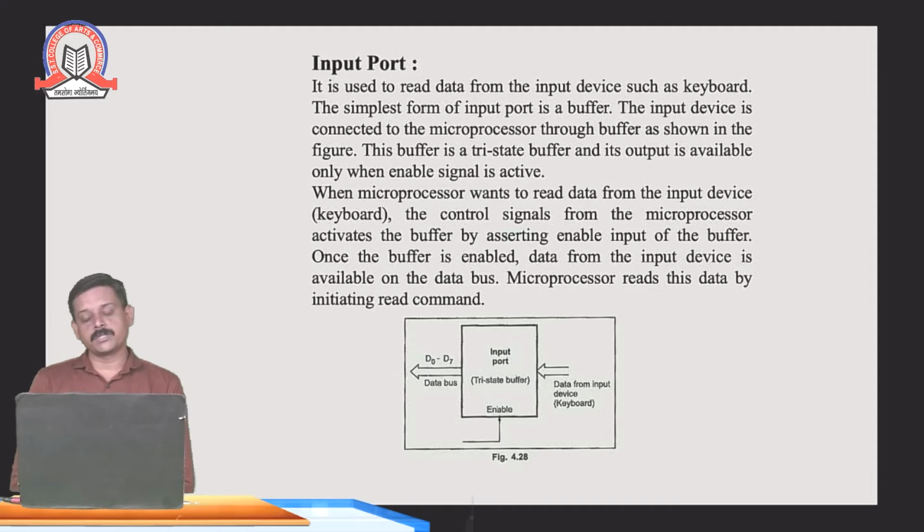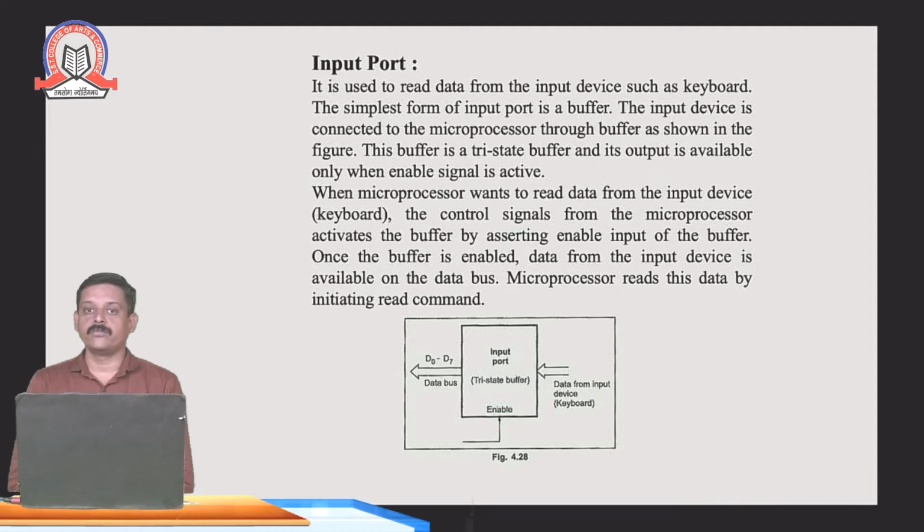When the microprocessor wants to read data from the input device, that is the keyboard, the control signals from the microprocessor activate the buffer by asserting the enable input of the buffer. Once the buffer is enabled, the data from the input device is available on the data bus.